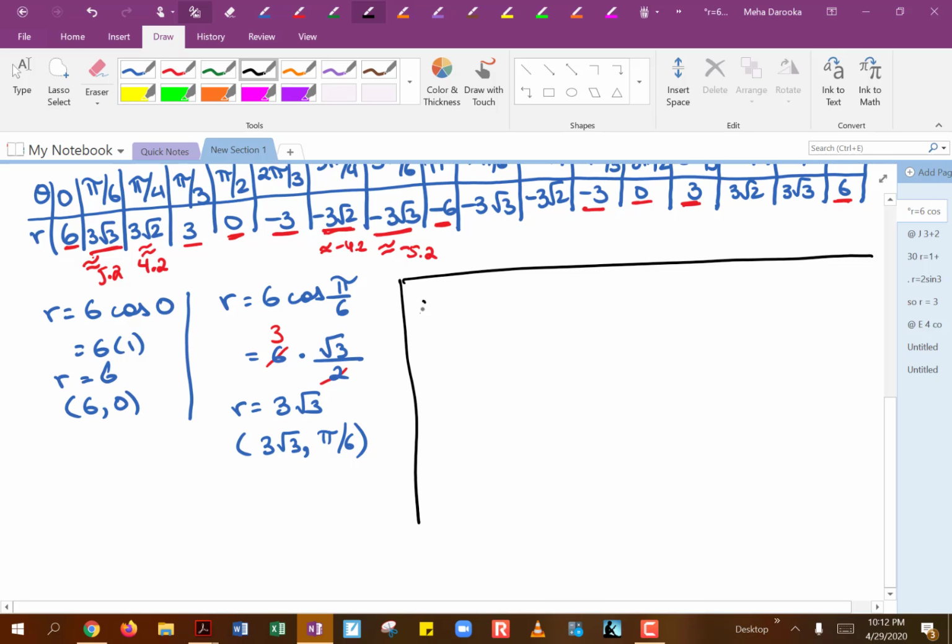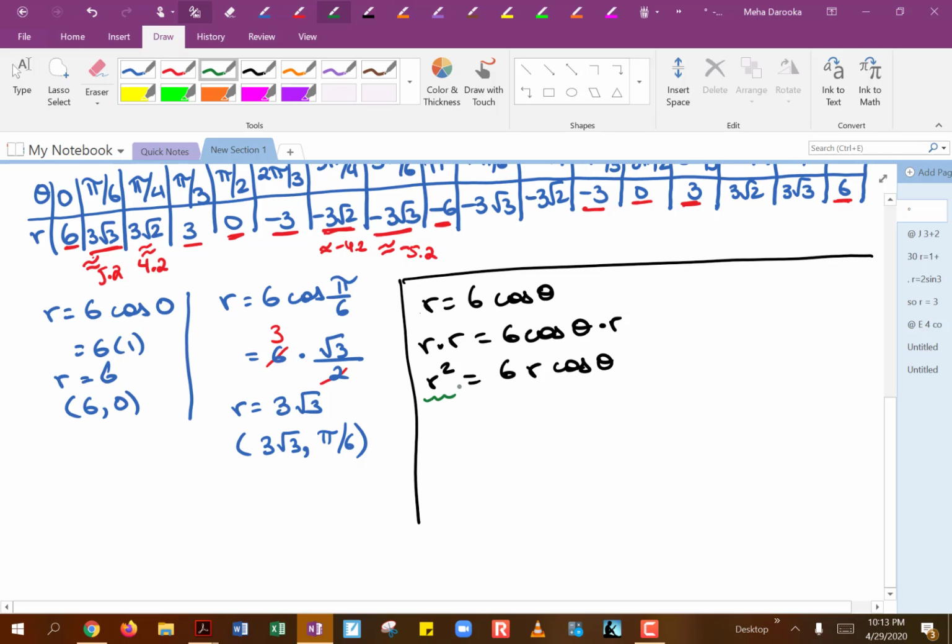You could have taken your original equation, r equals 6 times cosine theta, and multiplied both sides by r. You would have ended up with r squared on the left side and 6r cosine theta on the right side.